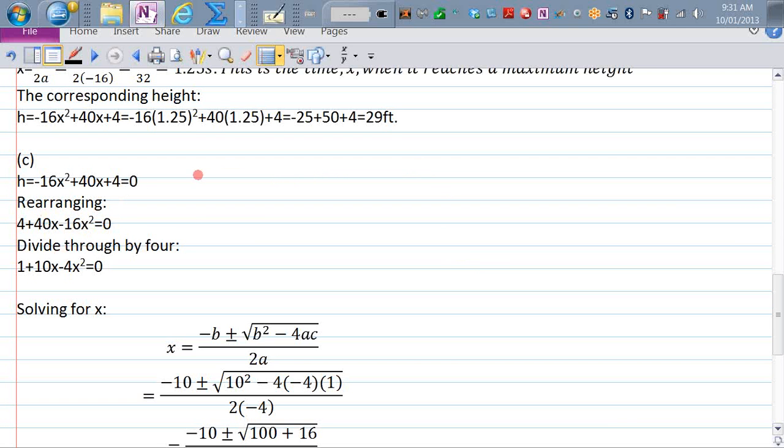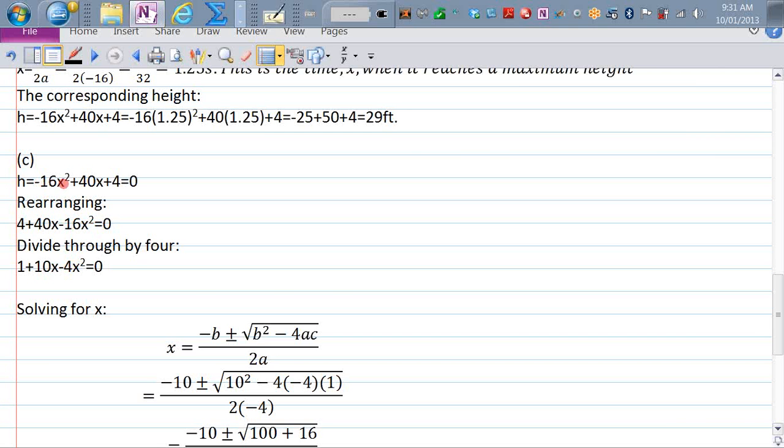So what we do is set this equation equal to 0, and just to make it simpler, we divide through by 4. What we get is 4 divided by 4 is 1, 40x divided by 4 gives us 10x, and minus 16x squared divided by 4 gives us this.